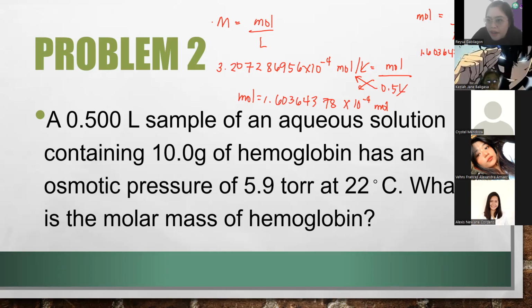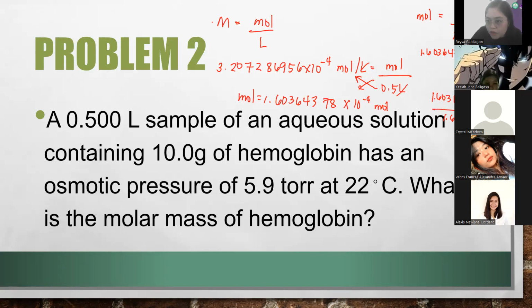Cross multiply, you will have 1.60364378 times 10 raised to the power of negative 4 moles times the molar mass, and on the other side is 10 grams. So divide both sides with this one. I'll take a shortcut since it's long.